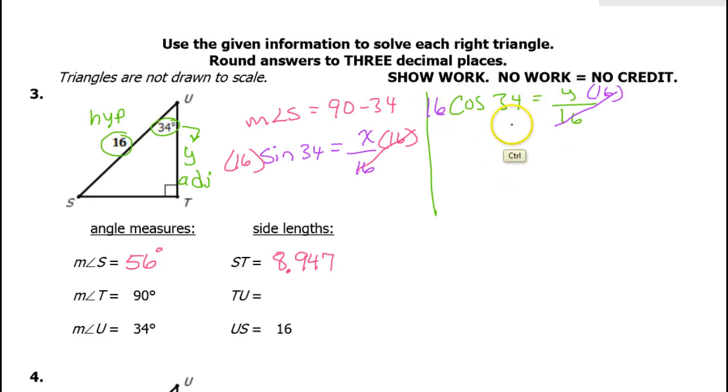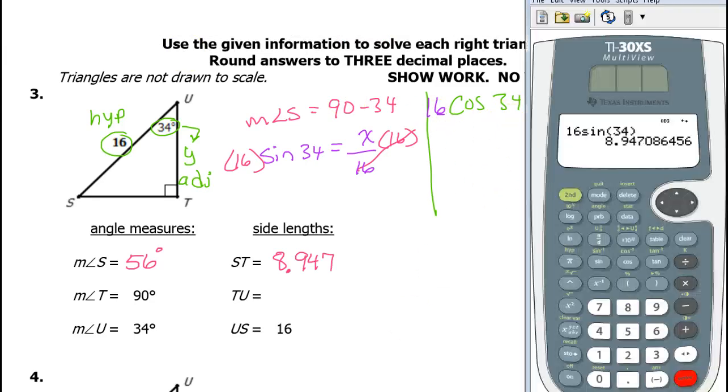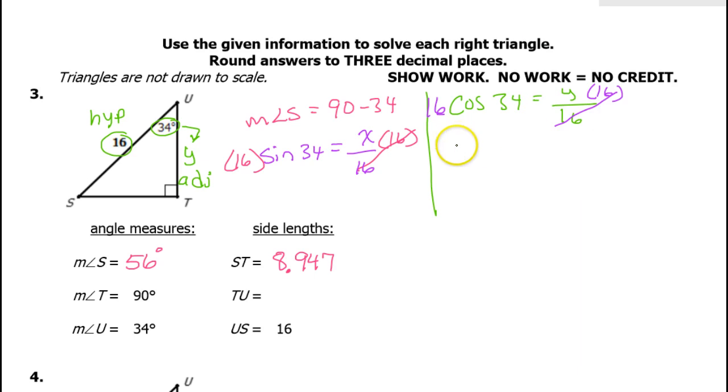So 16 cosine 34, I can just put that in my calculator. 13.265. Got to round up. 5 or higher, you got to round up. So 13.265. Okay, so that's TU.